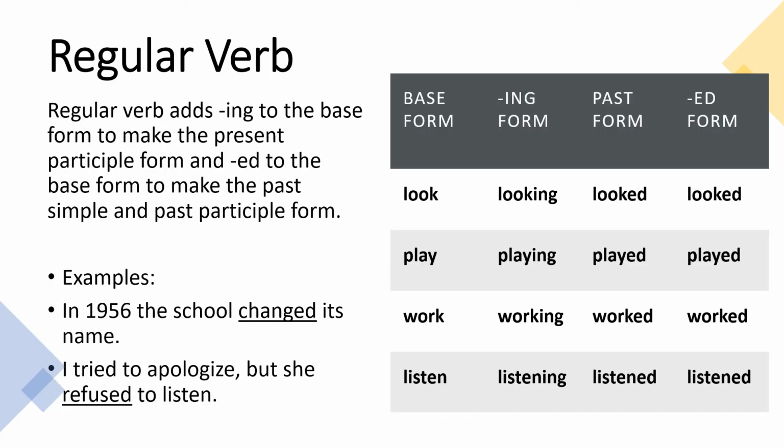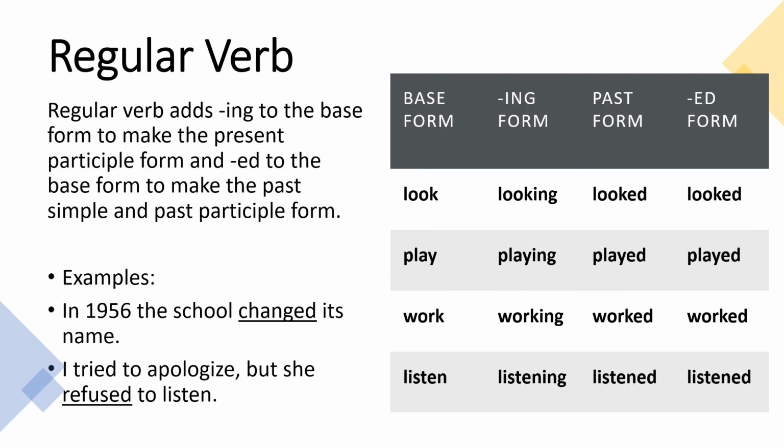Regular verb. Regular verb adds ing to the base form to make the present participle form and ed to the base form to make the past simple and past participle form. Examples: in 1956, the school changed its name. I tried to apologize, but she refused to listen.